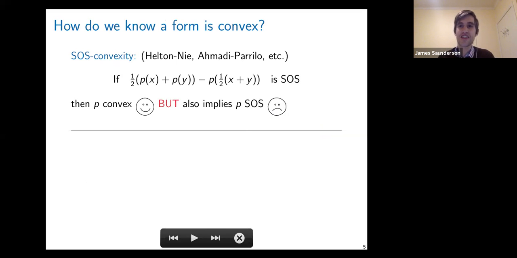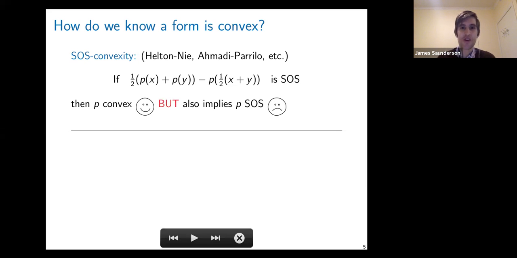This essentially takes the definition of convexity and changes the inequality into a sum of squares condition. For example, and there are a number of equivalent ways to state this, a form P is SOS convex if this midpoint convexity inequality is a sum of squares in the variables x and y jointly. Okay, so this implies convexity. So maybe this is going to be useful for us.